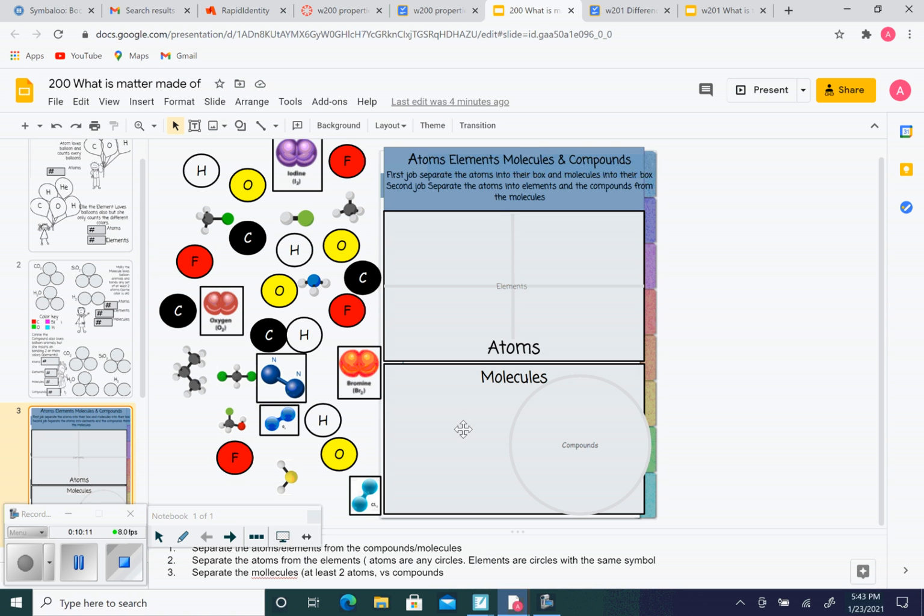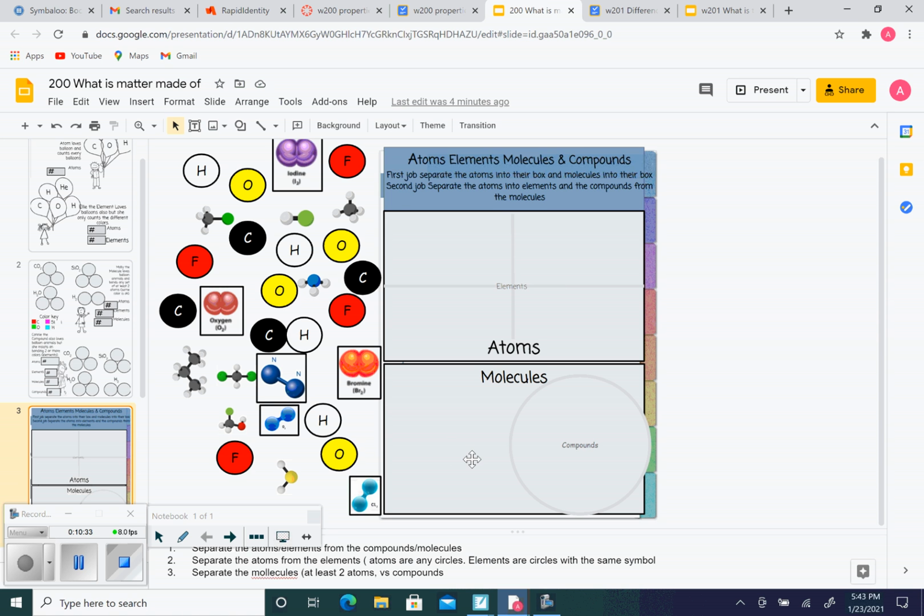Okay? Once you do that, I want you to further separate them into elements. So all of the balloons that are the same color or the same symbol go in this quarter. All of the balloons that are another color and another symbol are this one. So you have 4 quarters in there.